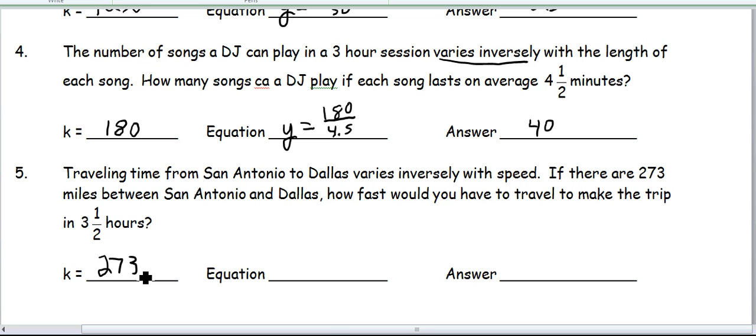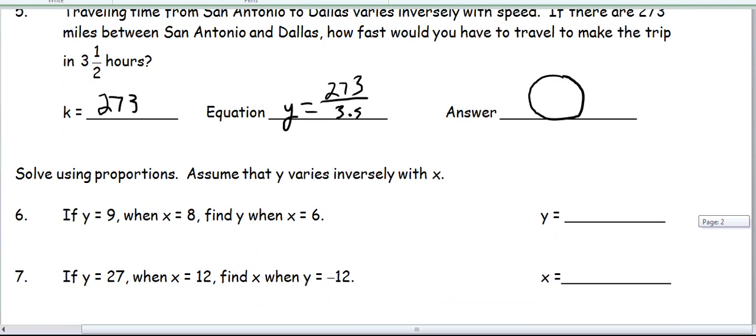All right, our equation then becomes y equals 273 divided by 3.5. So put this in your calculator. 273 divided by 3.5. And I come up with 78. Now, what I want you to do is go ahead and write in 78 right there, in that little circle.